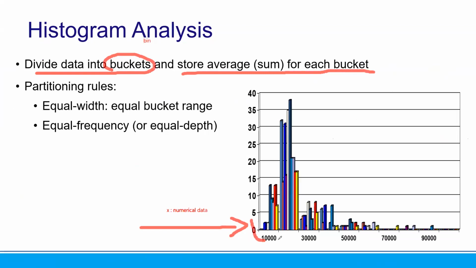So if we are dealing with this one, then we want the summation. We want to check the frequency. Or you can also measure the average and so on. You already learned the rules like equal width and equal frequency. Okay, last week we already learned this one.